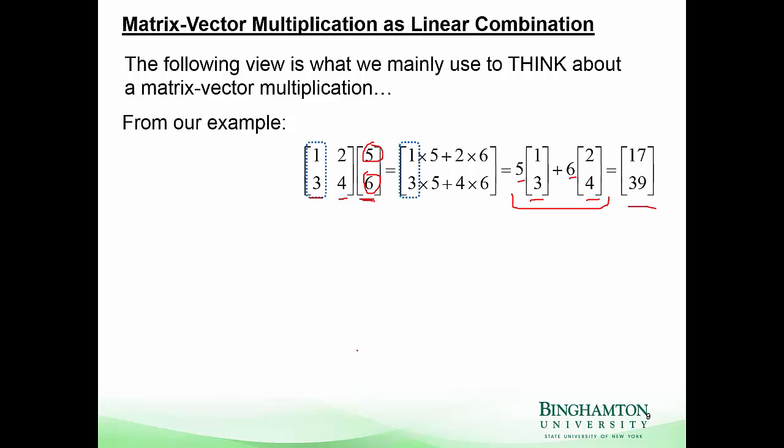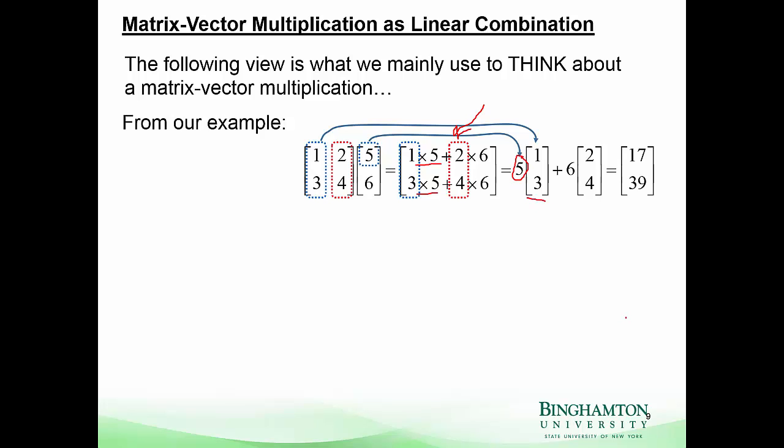So let me clear off some of this ink here. So I just put a blue rectangle around the first column and show. So here's our by hand view that we just did. So I'm identifying where that column is, and I can create this action of 1 times 5 and 3 times 5 by pulling the 5 out in front of that column. And then we have the 2 and the 4, which shows up there, and the 6 works together with that.